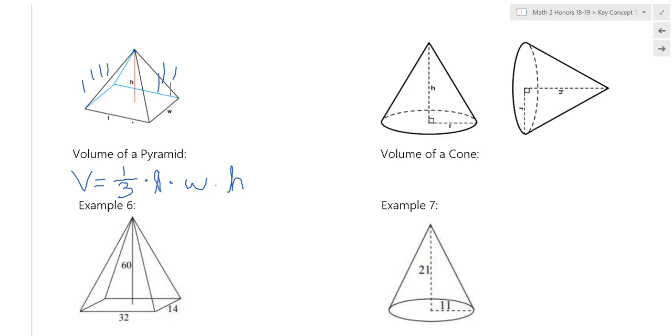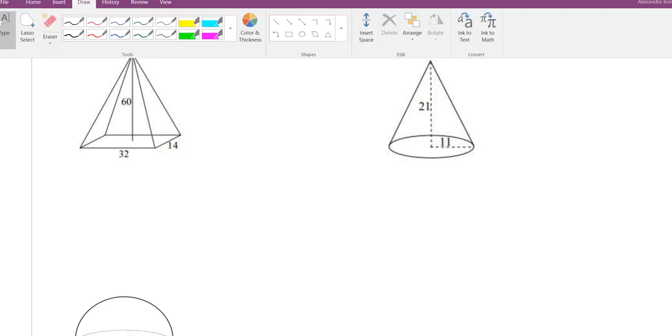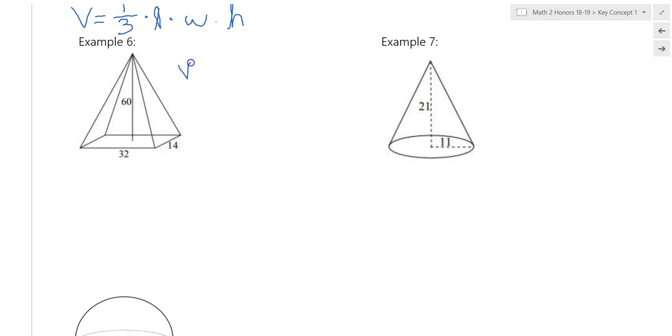So looking at an example, volume equals 1/3 times length times width times height. 1/3 times my length is 32, my width is 14, and my height's going straight up and down, and it's 60.